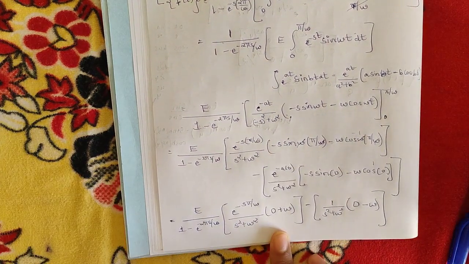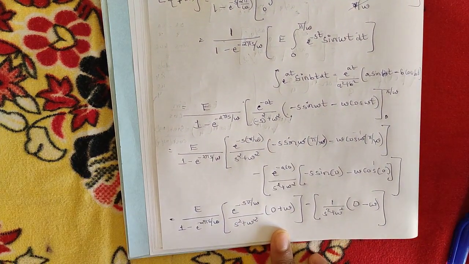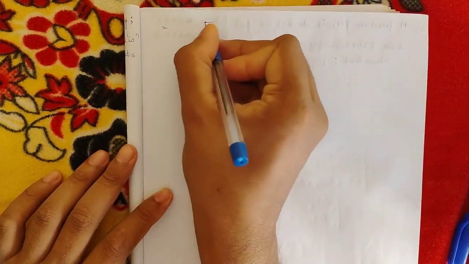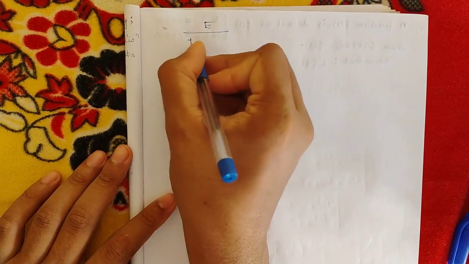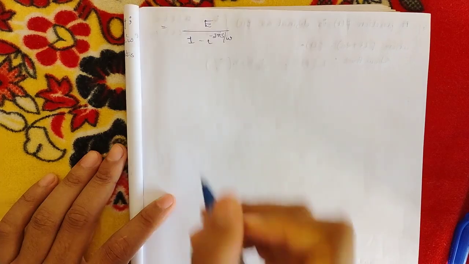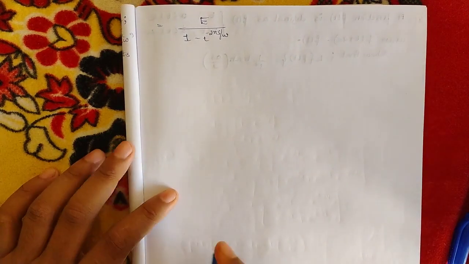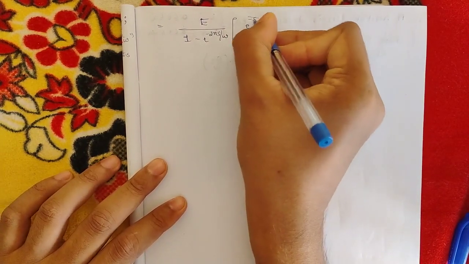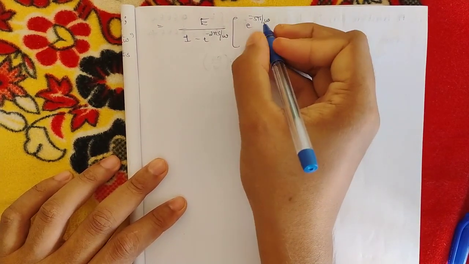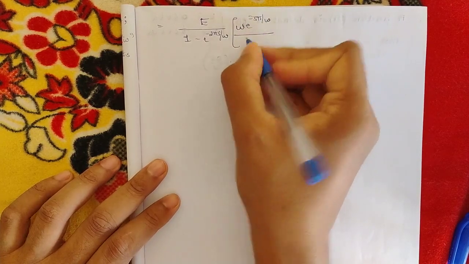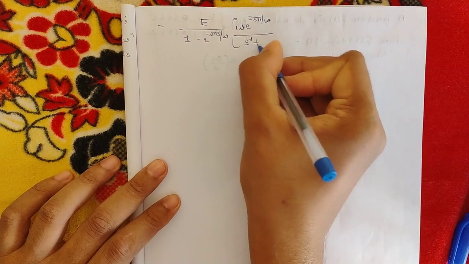Okay, so now you simplify the terms and write it again. So it would be e divided by 1 minus e to the power minus 2 pi s by omega into e to the power minus s pi by omega into omega divided by s square plus omega square.